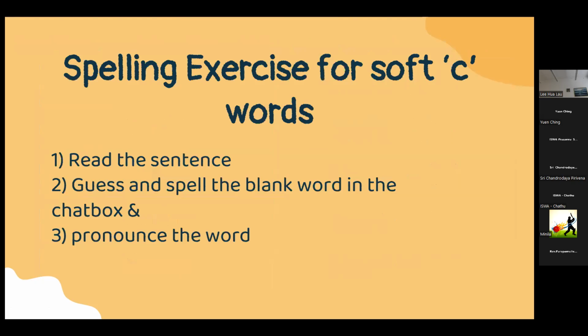So let's do a spelling exercise for soft C words, just to reinforce what we learned in the last lesson. So we'll read the sentence and then we'll guess and spell the blank word in the chat box and we'll pronounce the word.